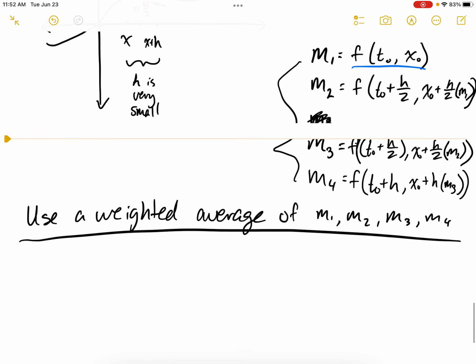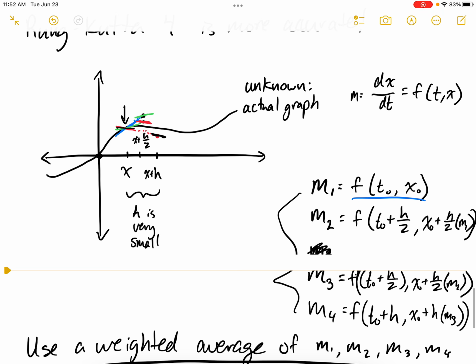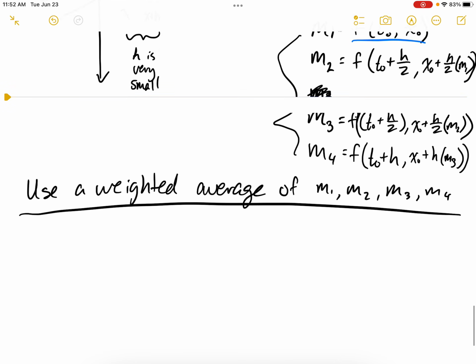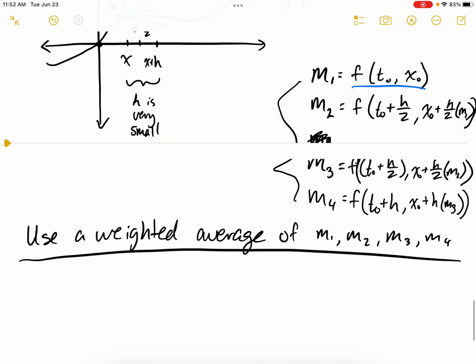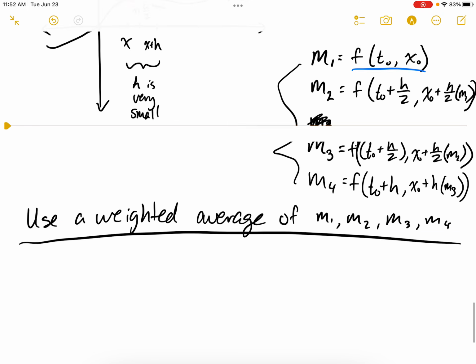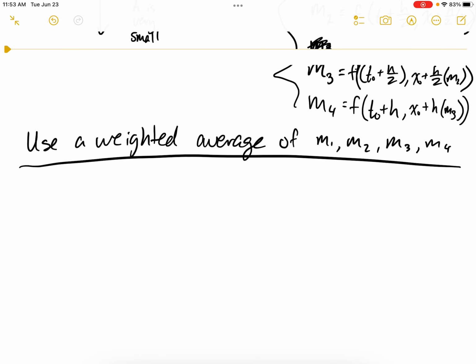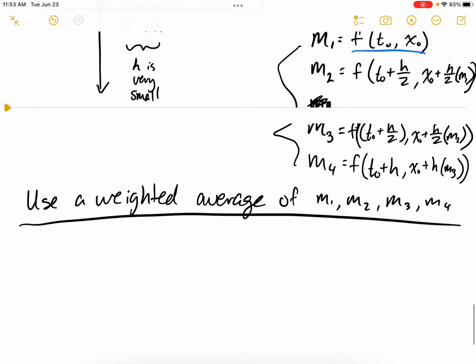We basically use these to modulate the accuracy of that one slope, because none of these slopes are quite accurate, but combining them all together will make it a bit more accurate. We are assuming that the ones that only went halfway out are probably a bit more accurate than the ones at the beginning or at the end, which are more extreme. That is why we have 4 of these. We give double the weight to the middle 2.